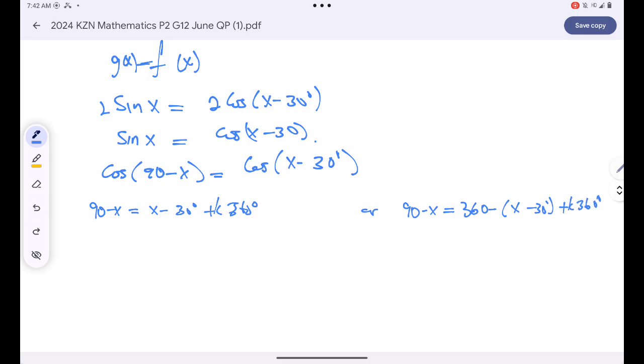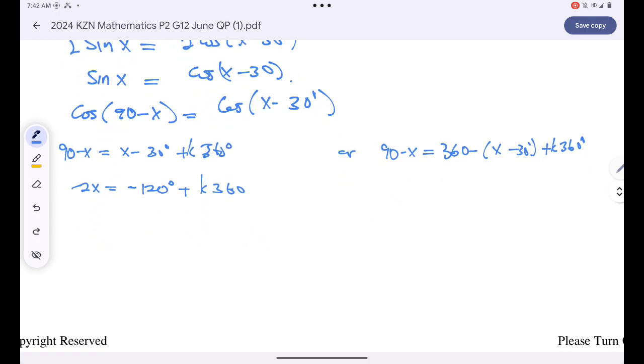Are you together? Then I can solve for x over there. I'll have negative 2x being equal to negative 30 minus 90, that's just negative 120, plus k 360. Are you together? And then I can simply divide every term by negative 2.